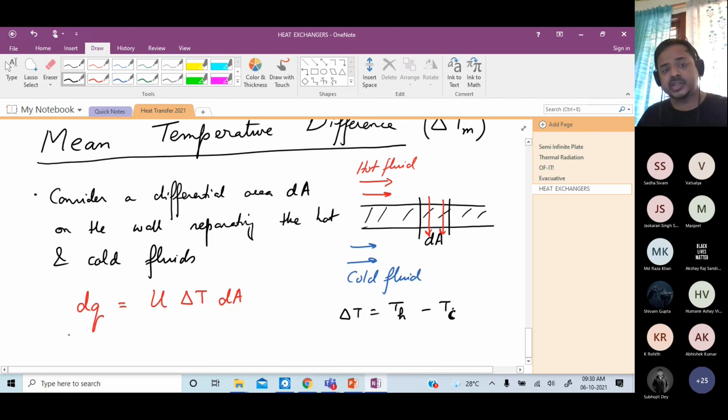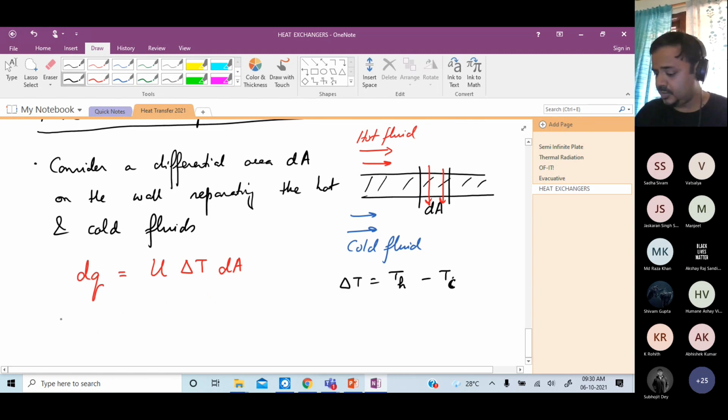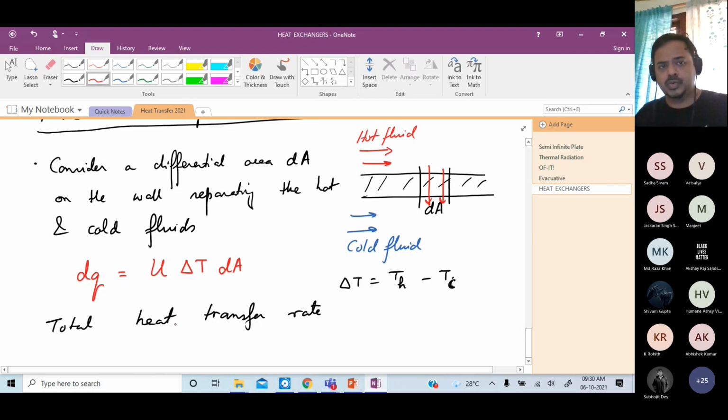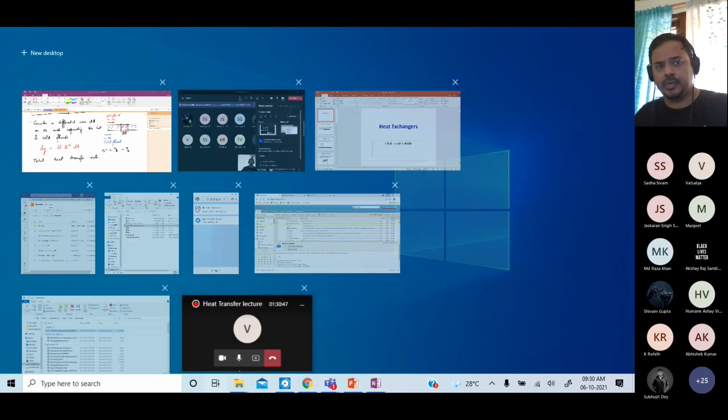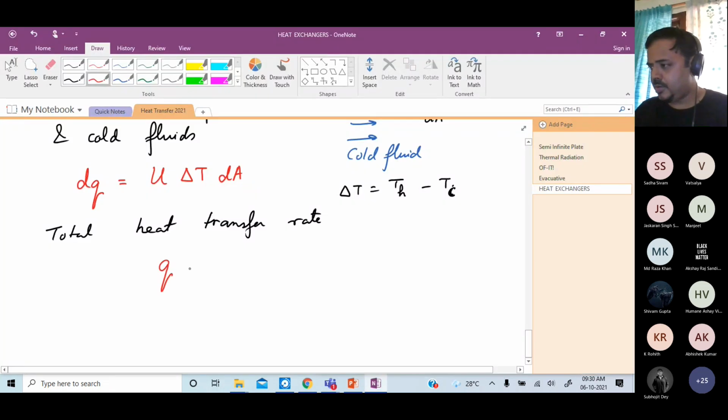So what will be the total heat transfer? Q is going to be the integral across the entire area of the plate, U delta T dA.